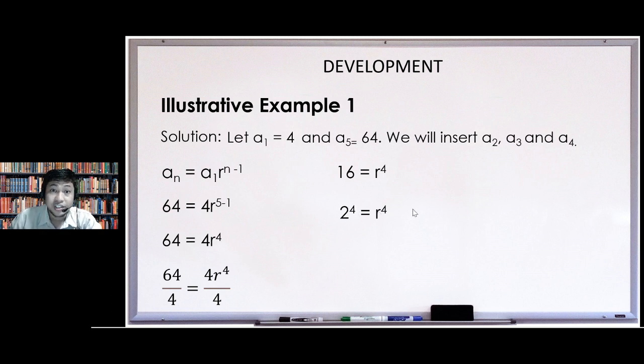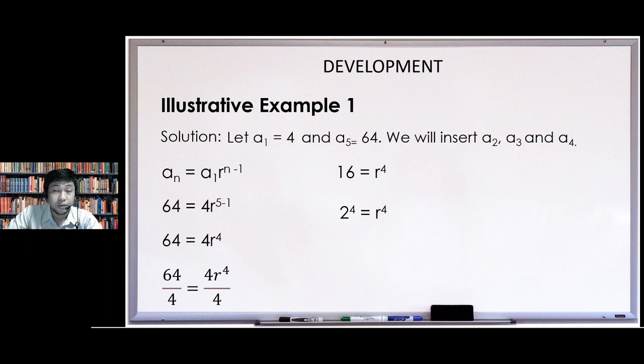Since the exponents are the same, the value of r is equal to positive or negative 2. Why? It's simply like this. 2 times 2 times 2 times 2 gives you 16. In the same manner, negative 2 times negative 2 times negative 2 times negative 2 will also give us 16.